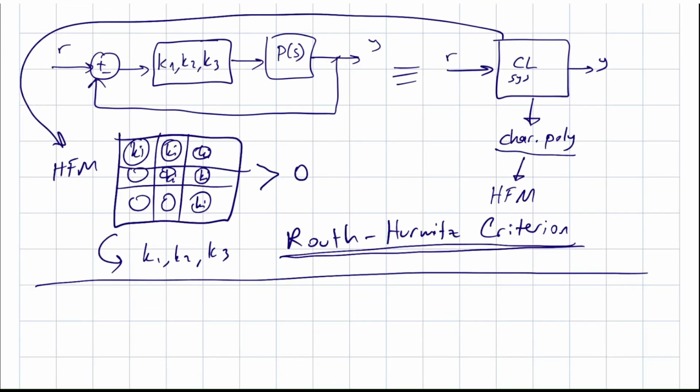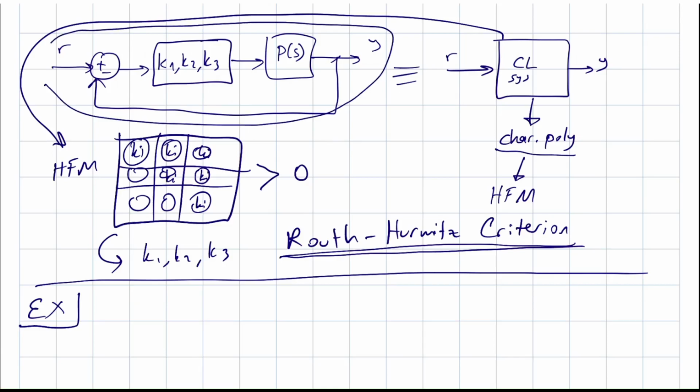Finally, in the next video, we are going to look at an example with this type of closed-loop system for a SISO plant. We are going to construct a control law, draw our closed-loop control system, and then determine the constraint.